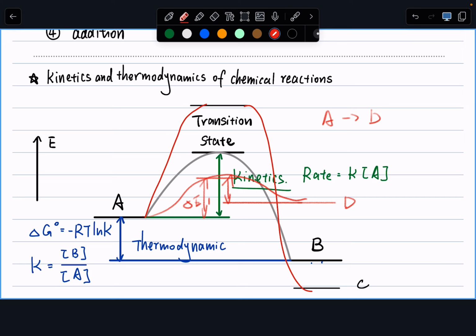We'll go over them case by case, but just keep in mind that when we're talking about reaction mechanisms, both kinetic and thermodynamic factors might be important. All right, so this should be a quick review of the thermodynamics and kinetics from your Gen Chem knowledge. Again, just knowing these terminologies, we'll discuss them case by case.